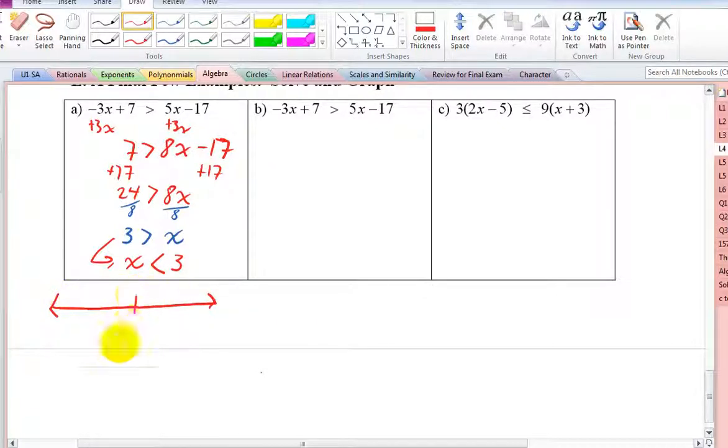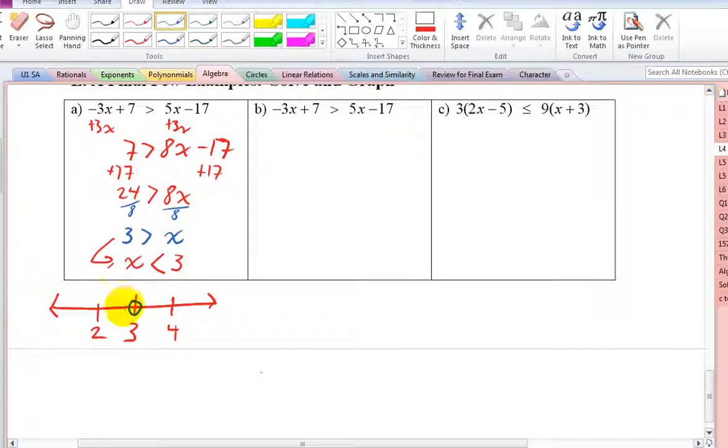What point goes in the middle? 3. What's one higher? What's one lower? 2. You've got to get a picture of your number line. Open or closed circle? Open circle on the boundary point. And should we shade left or right?